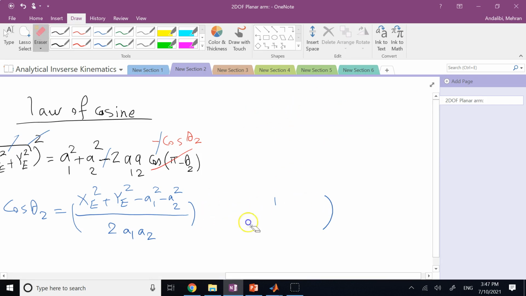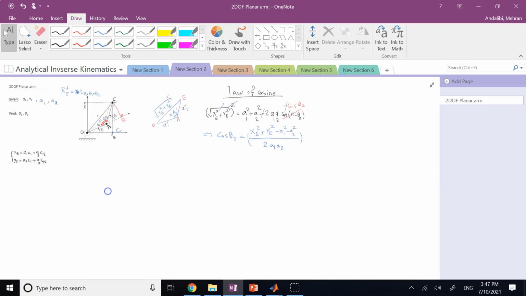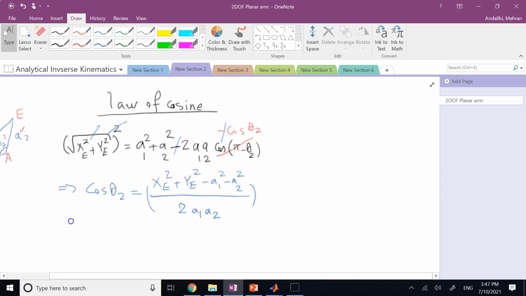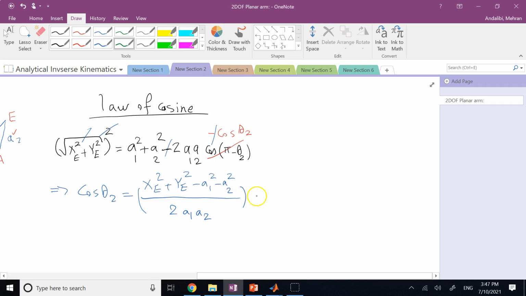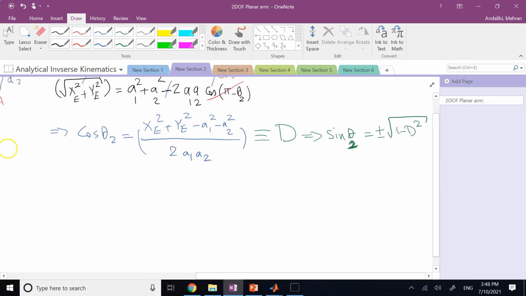Instead of trying to solve this, I can give this ratio a name. I might, for example, call this whole ratio d. From here, clearly the sine of theta 2 is going to be plus and minus the square root of 1 minus d squared. And then from here, I can find my theta 2.